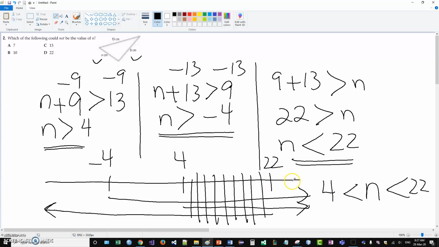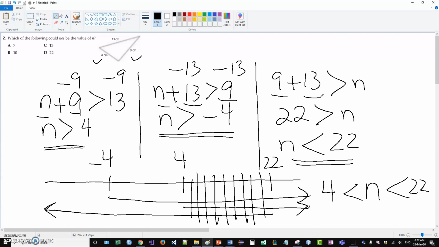So again, which of the following could not be the value of n? You take each two sides, their sum should be greater than the third side. First, we take n and 9 greater than 13, n and 13 greater than 9, 9 and 13 greater than n.